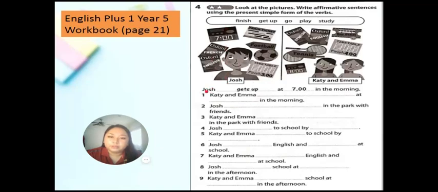Okay, the example, Josh gets up at 7 o'clock in the morning. So the answer here, the verb here is gets up. But in here, there are no gets up. Meaning that when you fill in the blanks, make sure you look at the pronoun or the names.